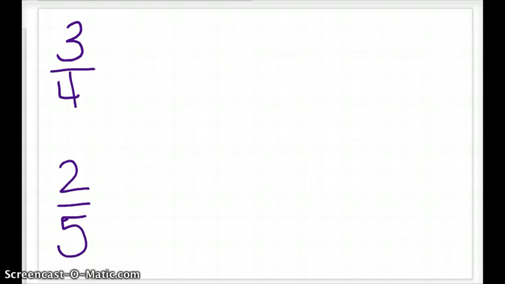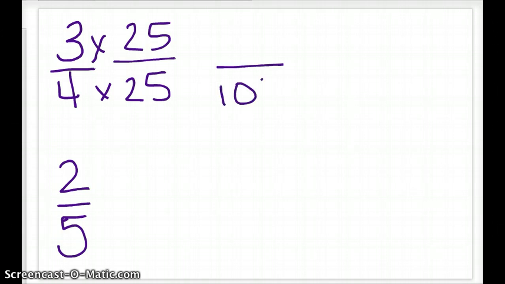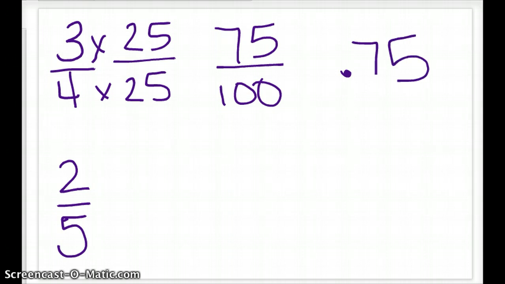Okay, let's take a look at this next one. What if the bottom is not 10 or 100? What can I multiply by 4 to get me to 100? Well, I know that there's 4 quarters in a dollar, so I could take 4 times 25, and remember, whatever I do on the top, I need to do on the bottom, and do 3 times 25. That gives me 75 out of 100, which is the same as saying 75 cents, and I would write it 0.75.